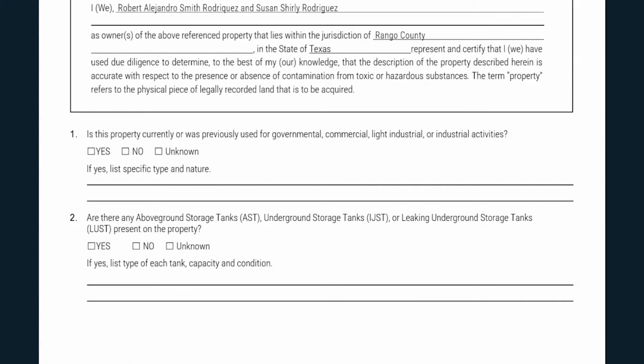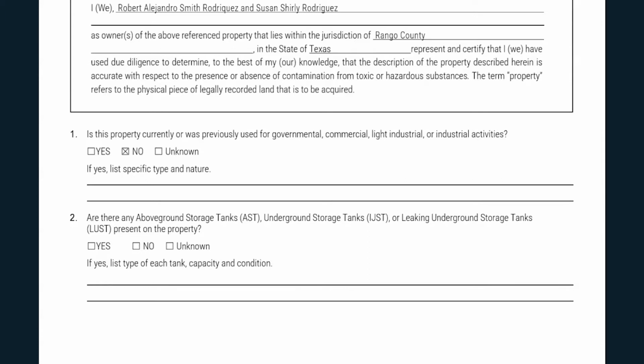Certain types of governmental, commercial, light industrial, or industrial activities may lead to the presence of hazardous materials or waste, and further details and review may be needed to determine if there are hazardous materials present. The applicant should check yes, no, or unknown. If the answer is yes, the applicant should list the type and nature of activities.